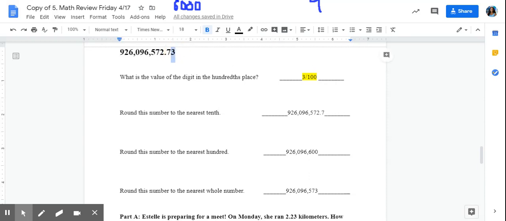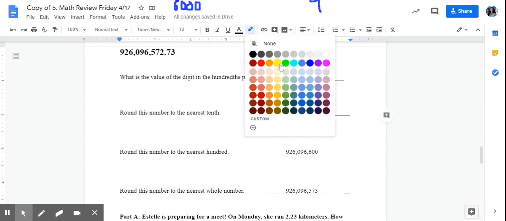Here is our hundredths place, and the digit in the hundredths place is 3. So we have 3 hundredths. That is the value of the digit in the hundredths place. Now you're going to round this number to the nearest tenth. This is what your answer should look like.